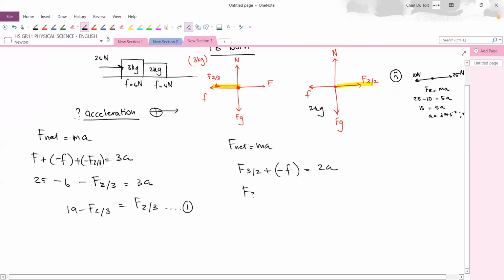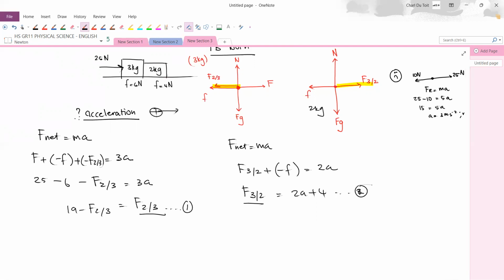I'm going to make this the equation, and that equals 2A plus the frictional force of 4 Newton. Now, these two forces are the same because of Newton 3. Newton 3 says that those are pair forces, one is in one direction, the other in the other direction, but they're the same.